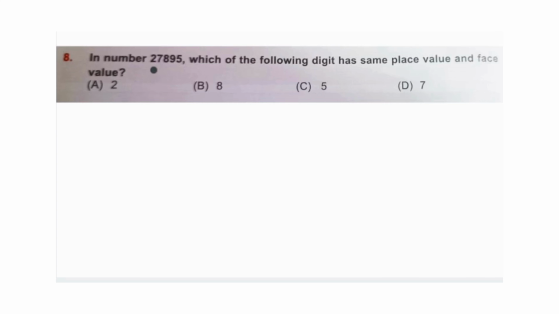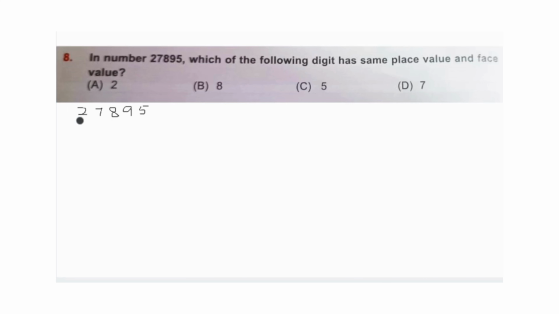So there is a number that is given. We need to find the place value and the face value. Let's write the number. It's 27895. Now let's find out the face value of every digit and the place value.